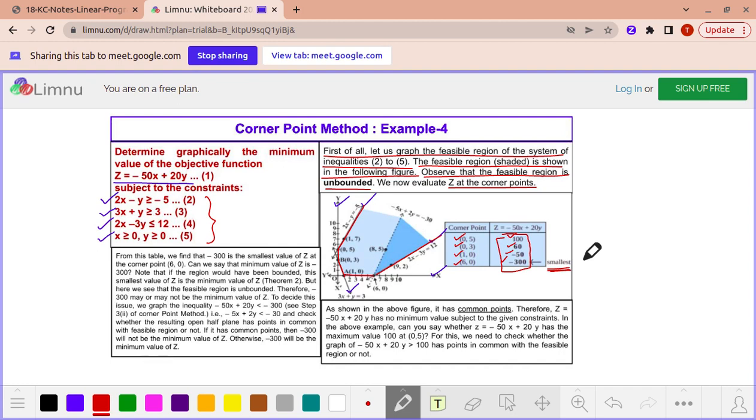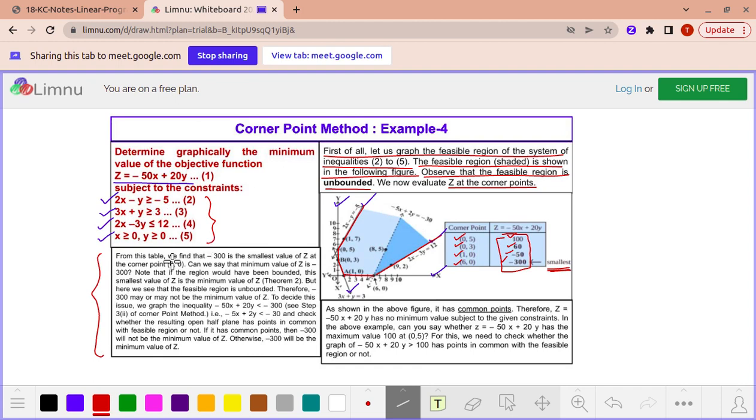But as the feasible region is unbounded, we can say minus 300 is the smallest value. Now whether this minus 300 is going to be a minimum value or not, for that we need to do something extra. And what is that extra? I have explained that here in this paragraph.